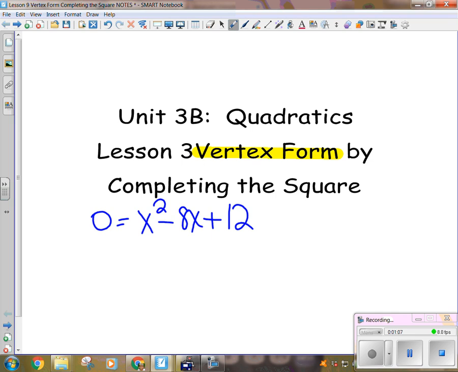This is a trinomial, right? And when we did the quadratic formula, we talked about the a value being, what would the a be? The number in front of x squared, which would be 1. What would the b value be? Negative 8. What would the c value be?